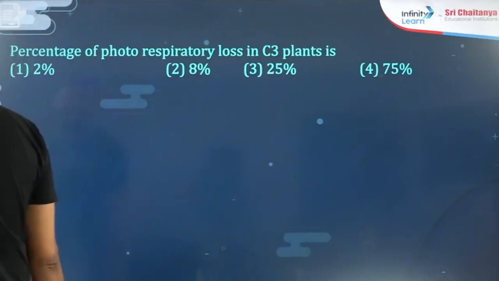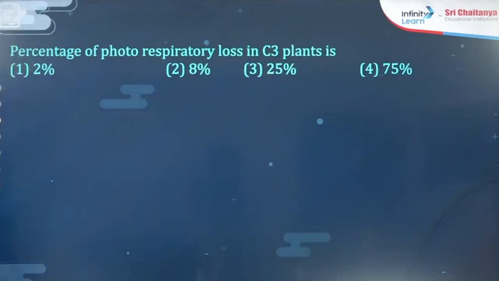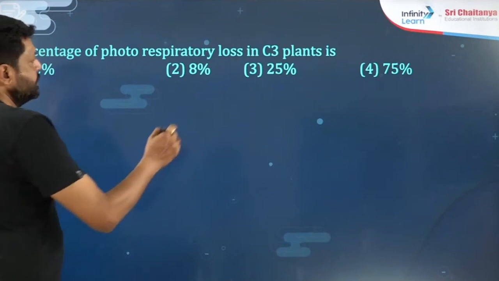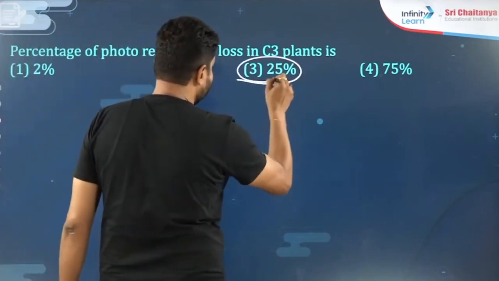Percentage of photorespiratory loss in C3 plants. It is very important. This is 25%.